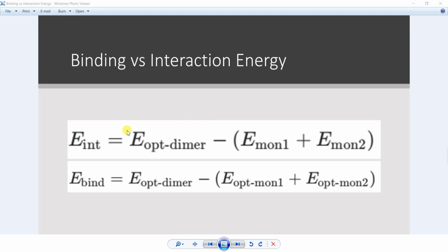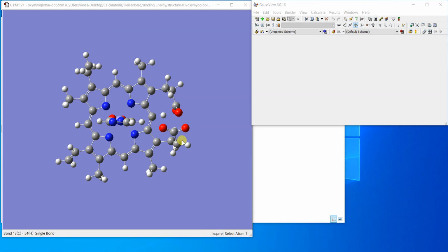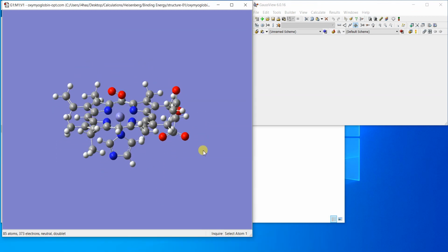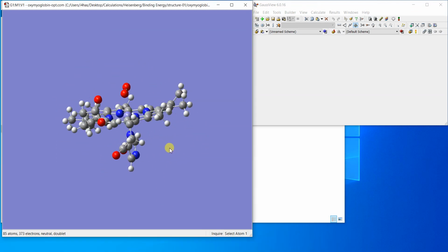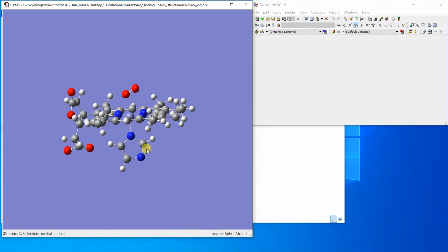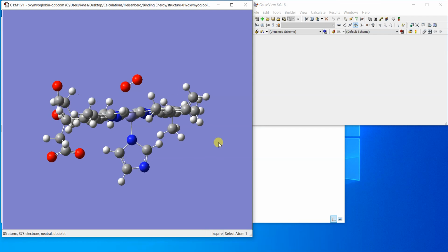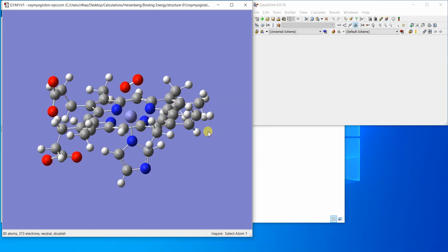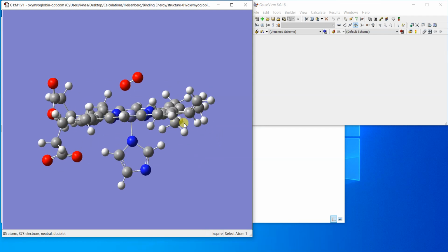So first of all, for a complex like this one, I'll show you how to calculate binding energy for a system where two fragments are binding to each other. This is a structure of oxymyoglobin.